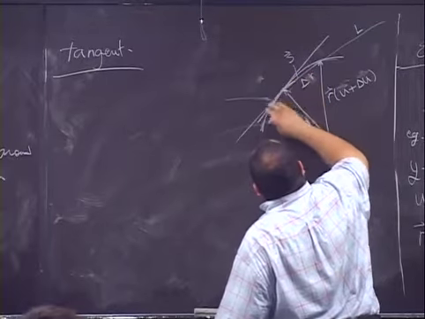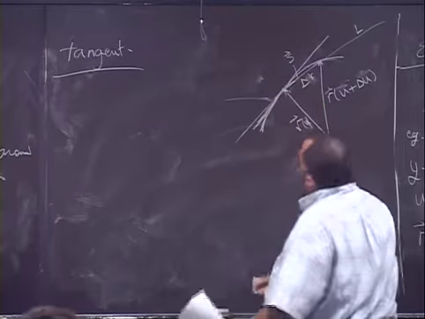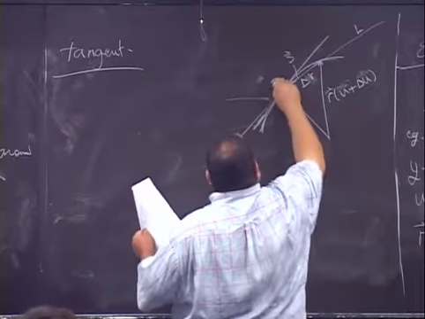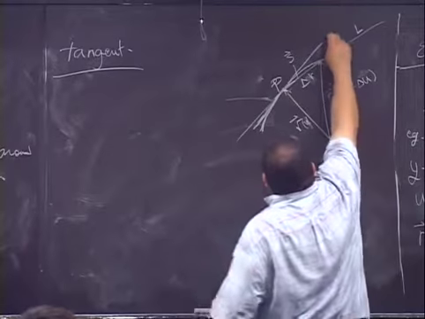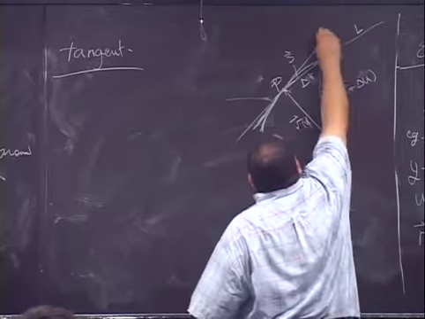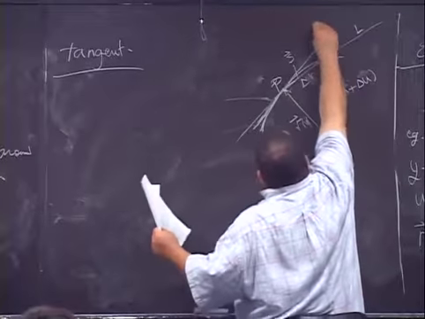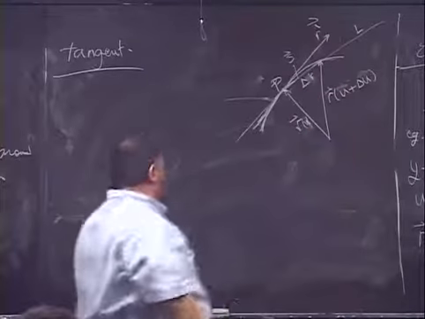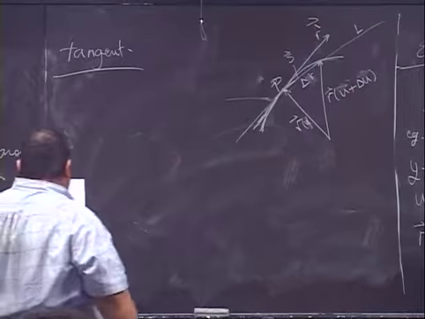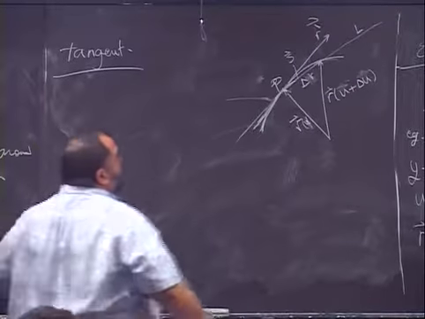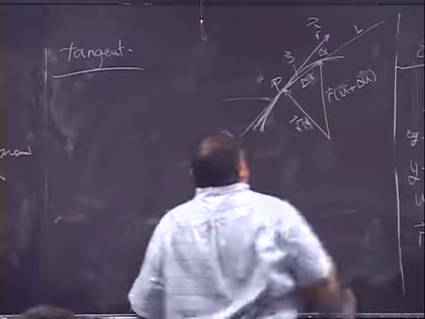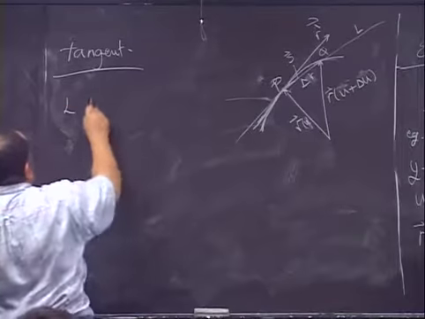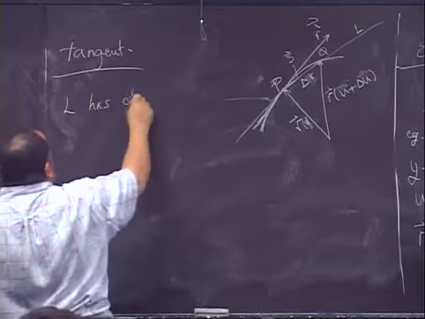It does not cross it, just tangent to it. This point, let's call it P. And the direction of the tangent, let's call it R prime vector. This point is B, this point is Q. L has a direction.